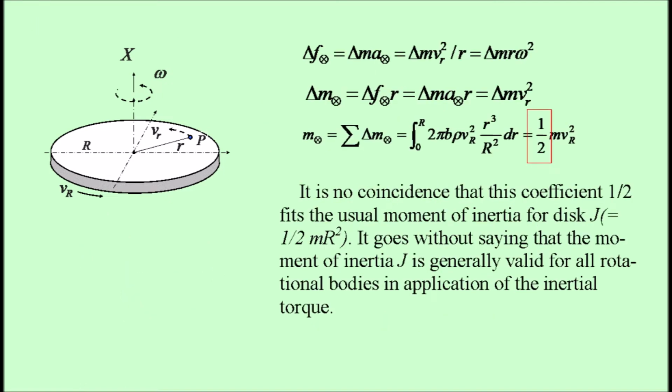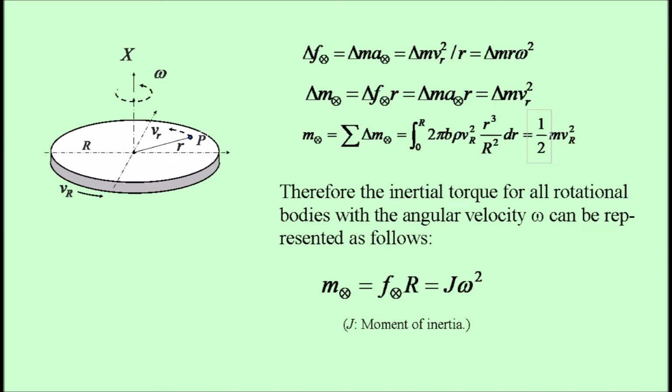It is no coincidence that this coefficient 1/2 fits the usual moment of inertia for a disk J. It goes without saying that the moment of inertia J is generally valid for all rotational bodies in application of the inertial torque. Therefore, the inertial torque for all rotational bodies with the angular velocity omega can be represented as follows.